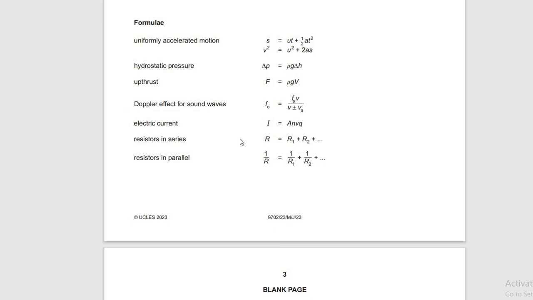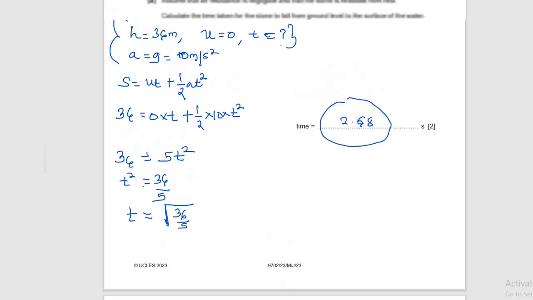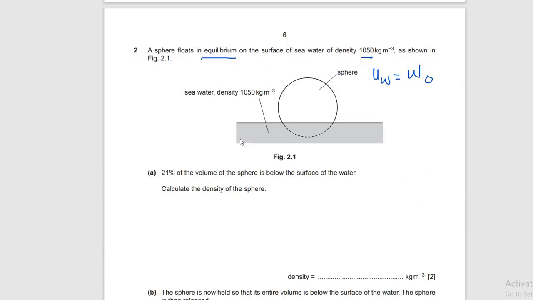Okay, it's given. Upthrust is equal to density multiplied by gravity times volume. So the upthrust by the water, density times gravity times volume, equals the weight of the object. What's the formula for weight? Mass times gravity.